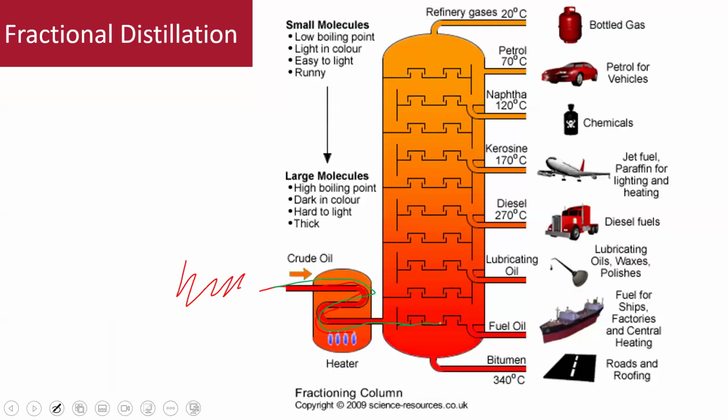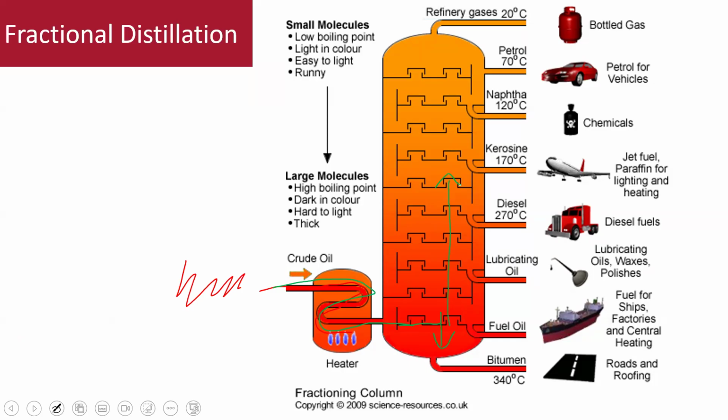At the bottom, what happens is, if at 300 or whatever temperature it is, it then should be a liquid, it sinks to the bottom as a liquid. If when it goes in, it's still warm enough to be a gas, it travels up the fractionating column until it gets to the point where it turns back into a liquid.